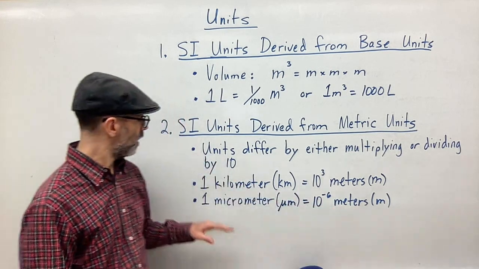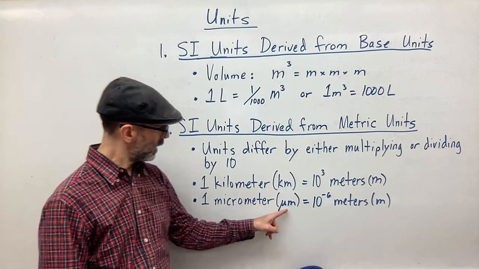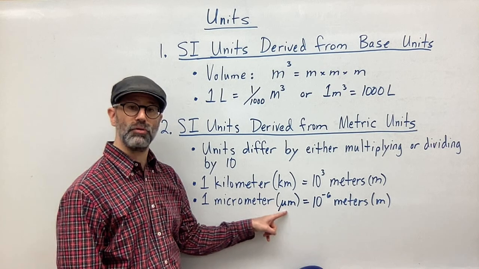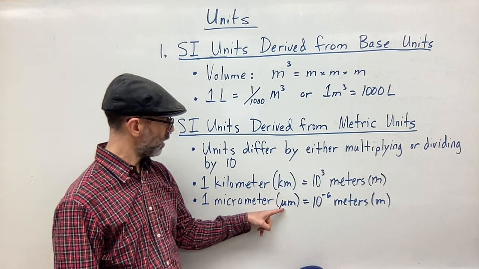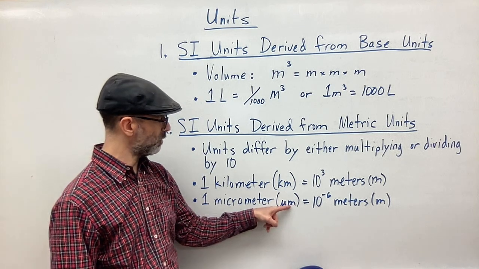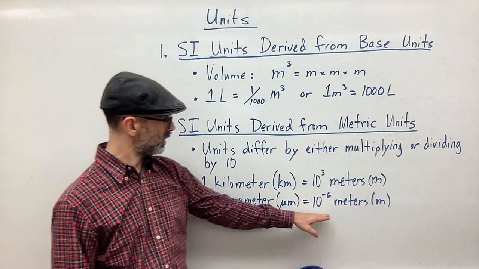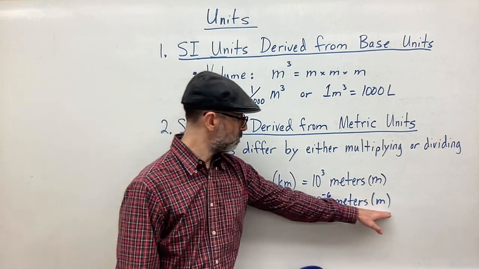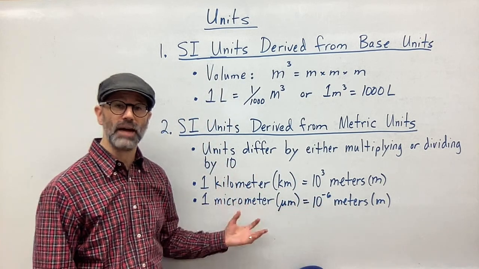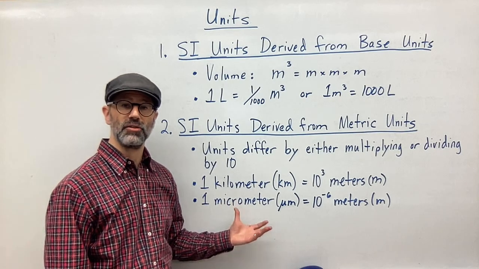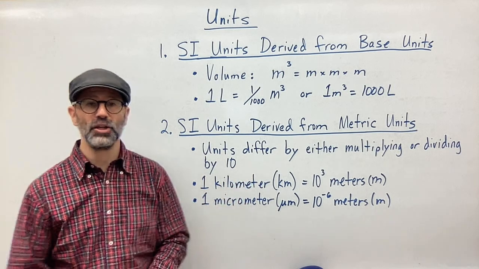Here we have the Greek letter mu as the abbreviation for the prefix micro, and then again the abbreviation m for meter. And so 1 micrometer is going to be equal to 10 to the negative 6 meters. These are derived units from the metric units. So there are these two ways of deriving your units.